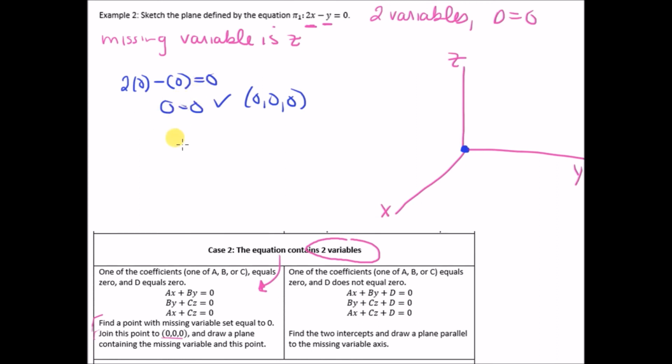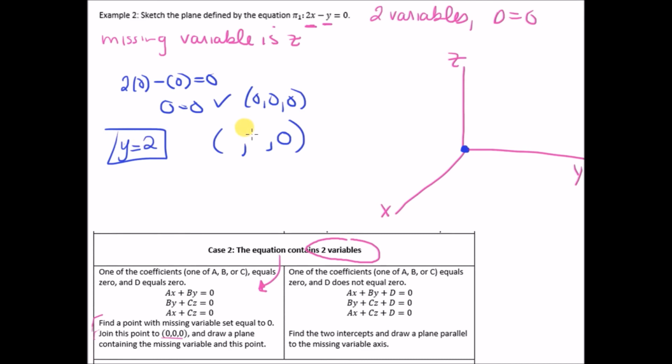Now let's sub in a number for y, like y equals 2. We're going to isolate for x, and then we'll have a point on the line. Remember, for every single point here, z is going to equal 0, so we only need to solve for one variable.